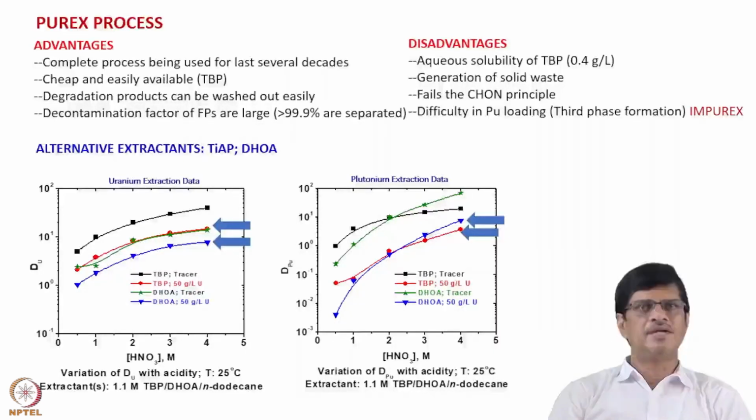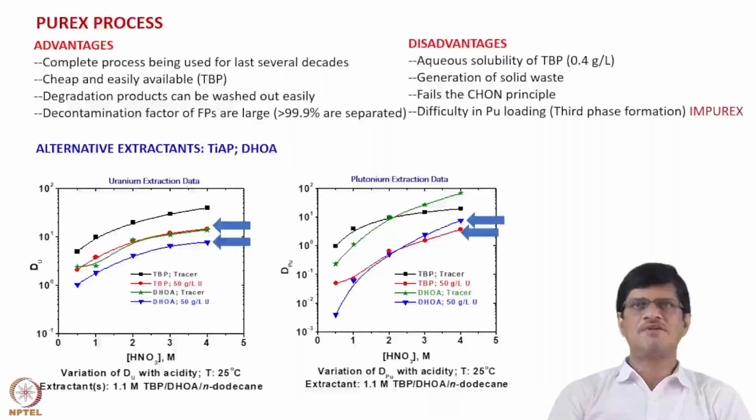And the degradation products of the TBP, which are monobutyl phosphoric acid and dibutyl phosphoric acid, can be washed out easily using sodium carbonate solution. The decontamination factor of the fission products is large, that is, greater than 99.9% of the fission products are separated during the Purex process.